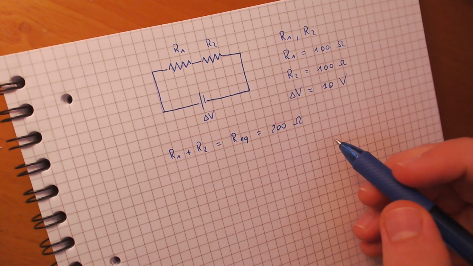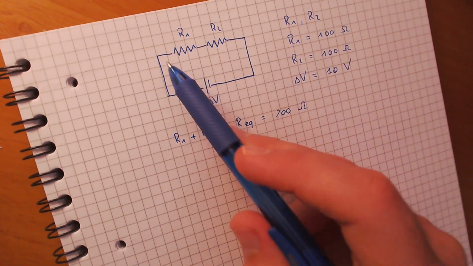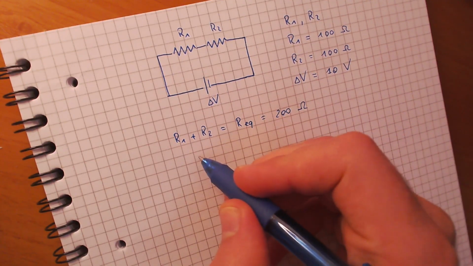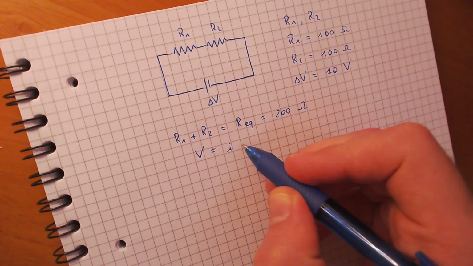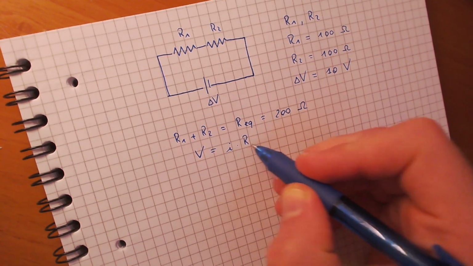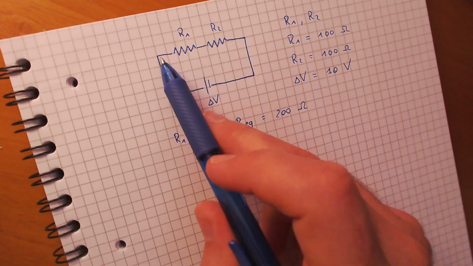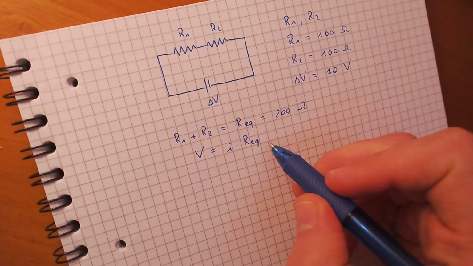We know from Ohm's law that the voltage across the two resistors, which we can call V, is given by the product between the current and the total resistance between these two points, which is R equivalent.